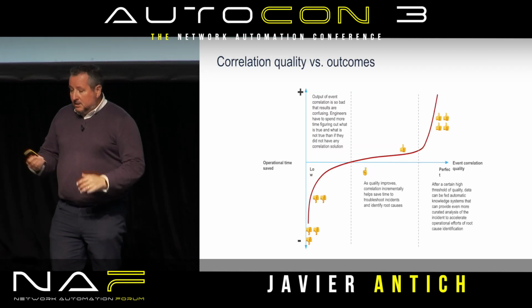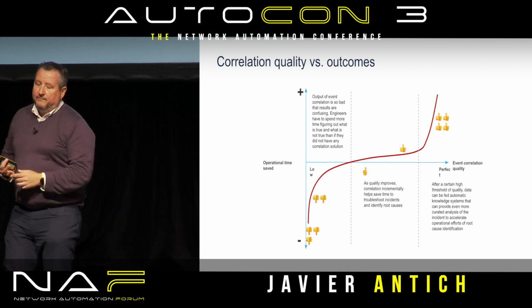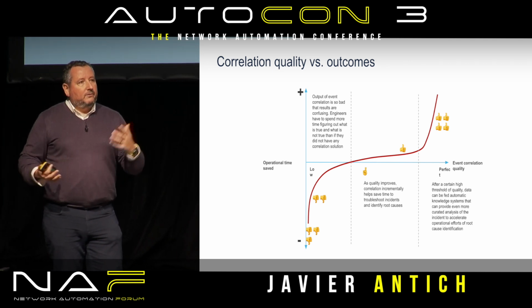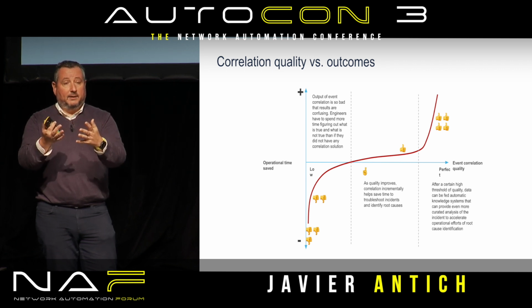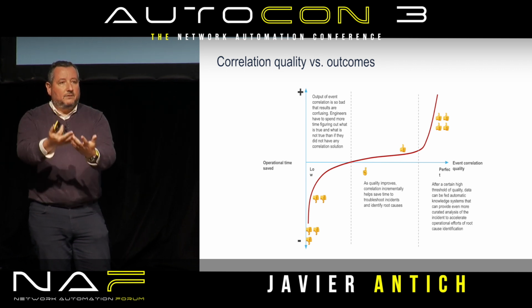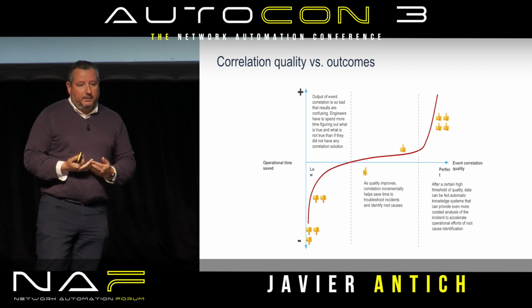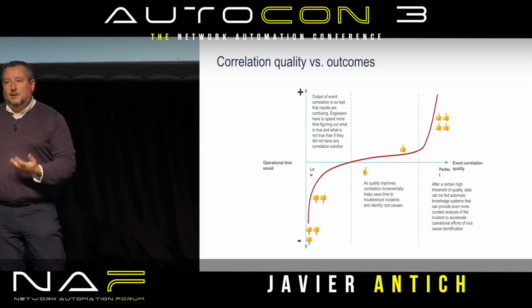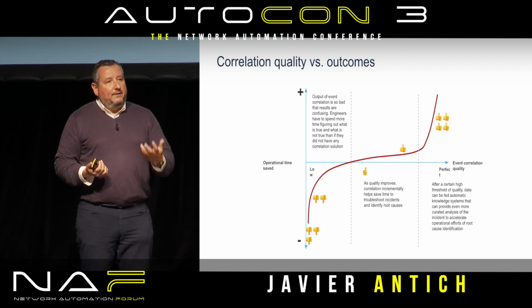So if somehow we try to visualize in a graph what is the relationship between the correlation quality and the time that the correlation system saves to your operational teams or to your operational engineers? Well, if the correlation quality is low, it's not that it doesn't save time.